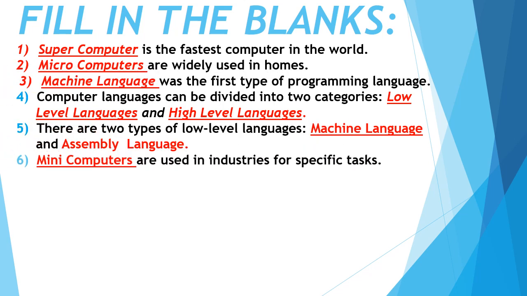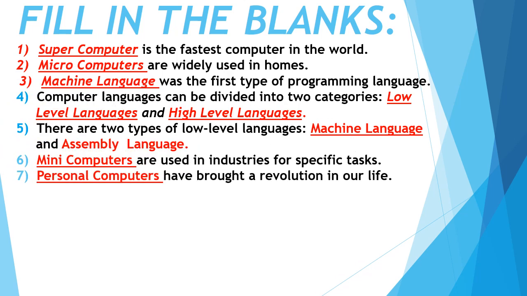Next, dash are used in industries for a specific task. Which computer can we use in industries? Minicomputers. Next, dash have brought a revolution in our life. Which computers have brought a revolution? Personal computers.